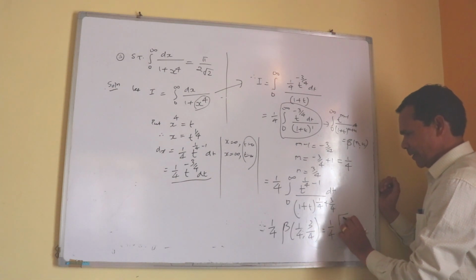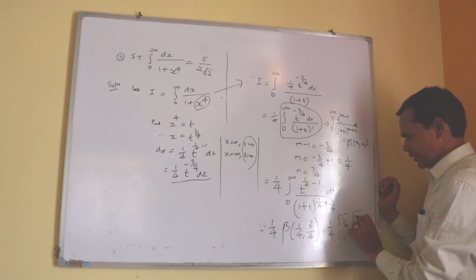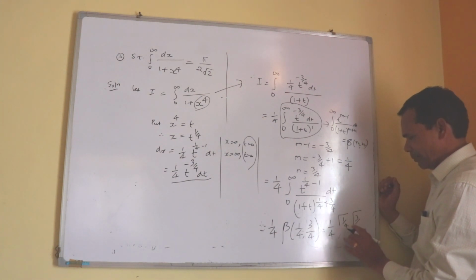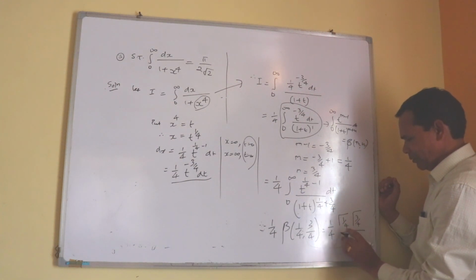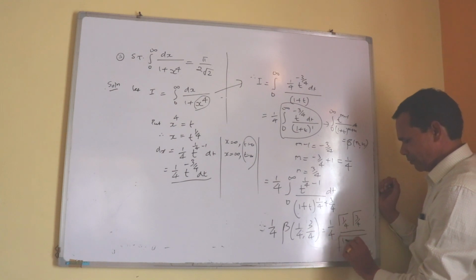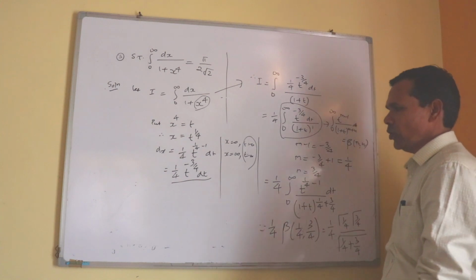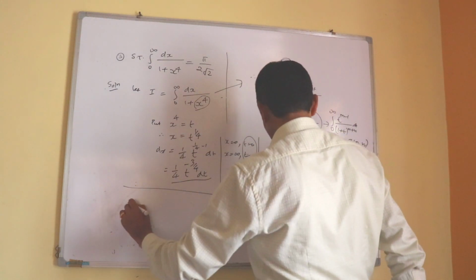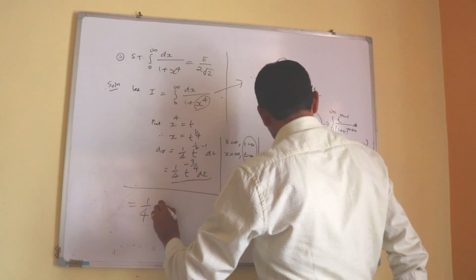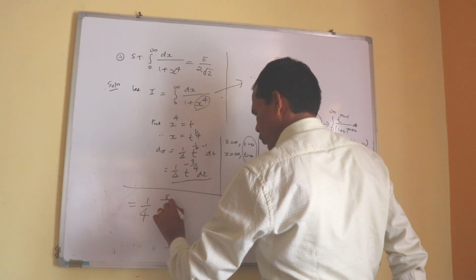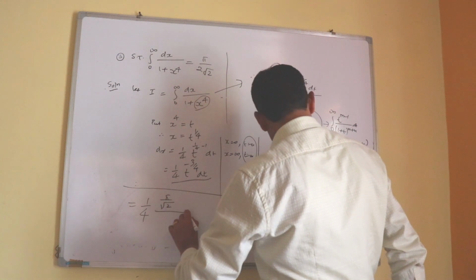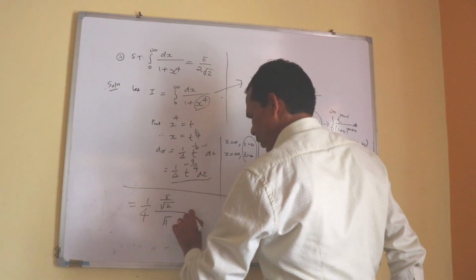It is gamma 1 by 4 gamma 3 by 4 upon gamma m plus n, divided by gamma 1 by 4 plus 3 by 4, which is 1 actually. So you are getting this in the form 1 by 4, and this is pi upon root 2, as we have just seen, divided by gamma 1.